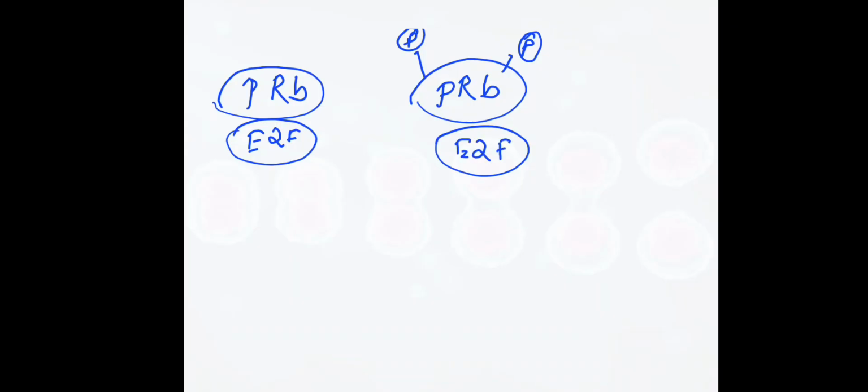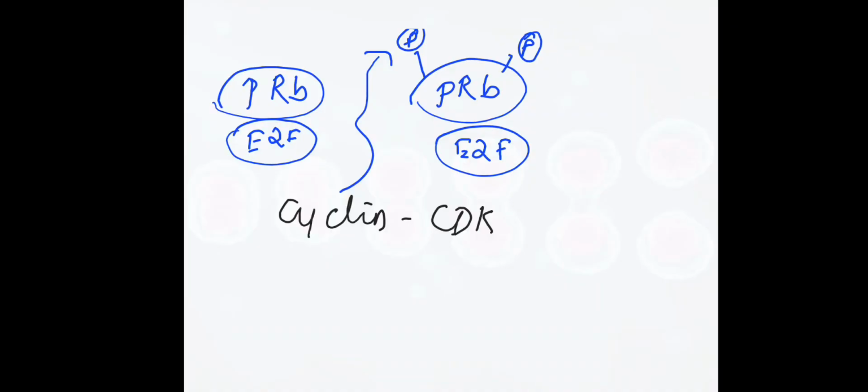So these are active. Who is phosphorylating PRB? The cyclin CDK complex. So the phosphorylation of PRB protein is by cyclin CDK complex.